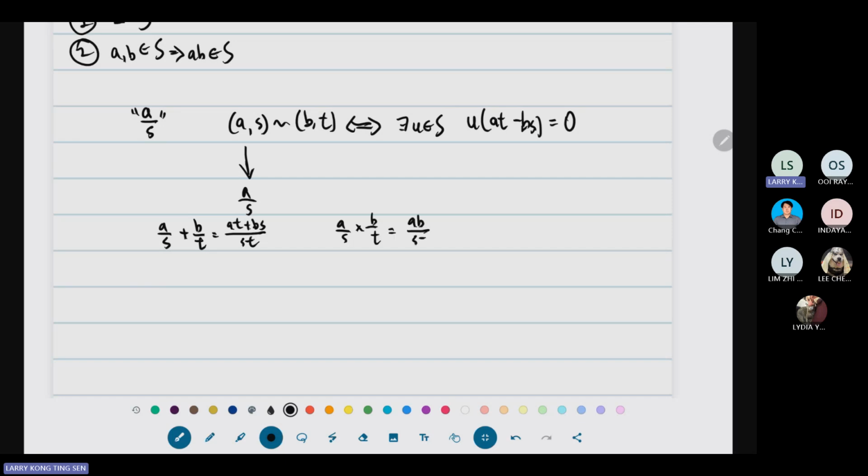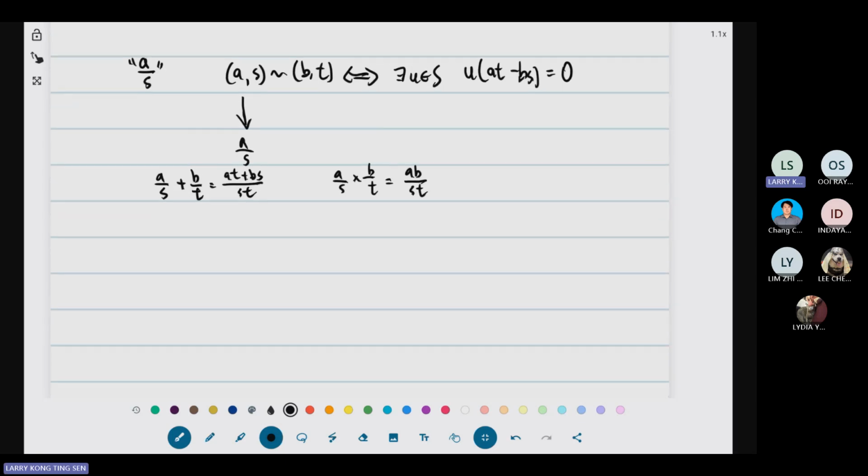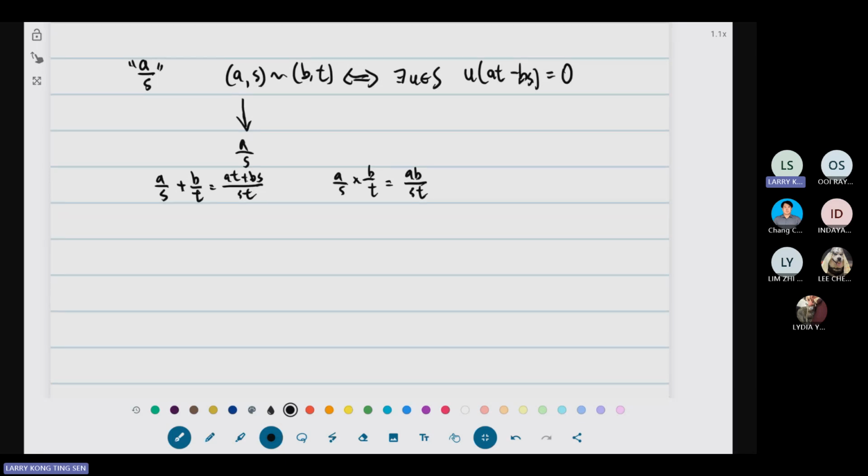Just as intuitive a thing. I'll probably leave it as homework for you to check that these operations are in fact well defined, in the sense that they do not depend on whether I write it as a/s or as b/t, if they are equivalent, then the results I give you are equivalent in that sense.